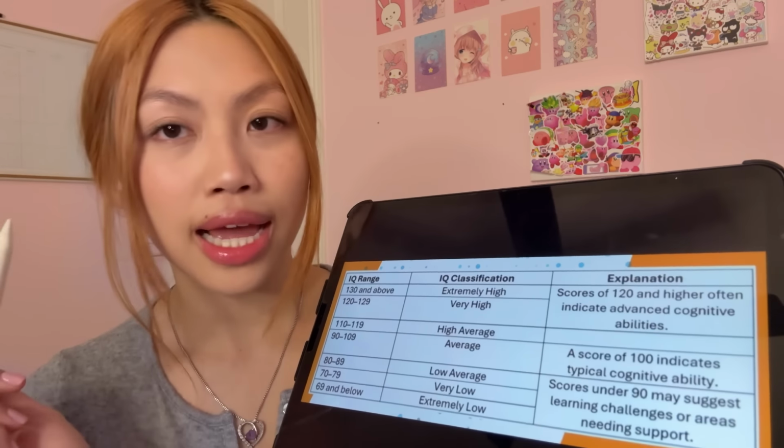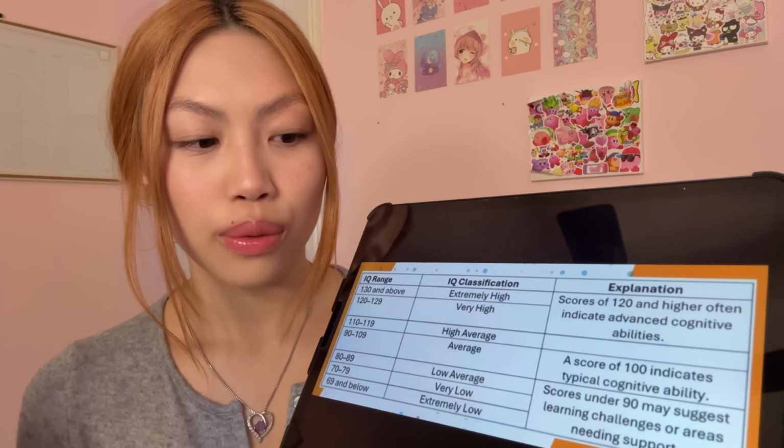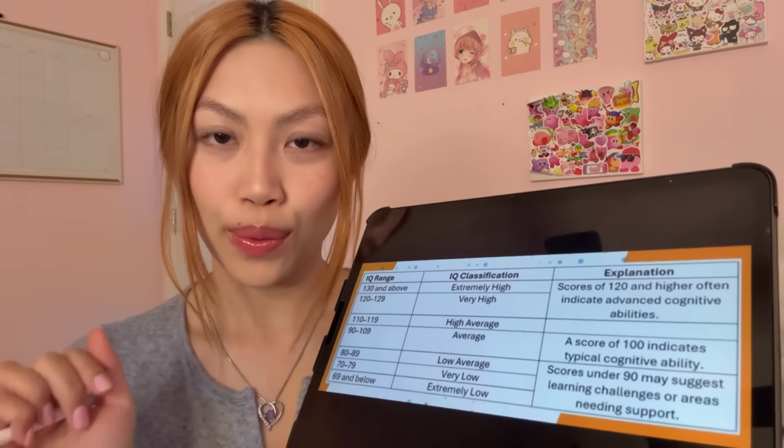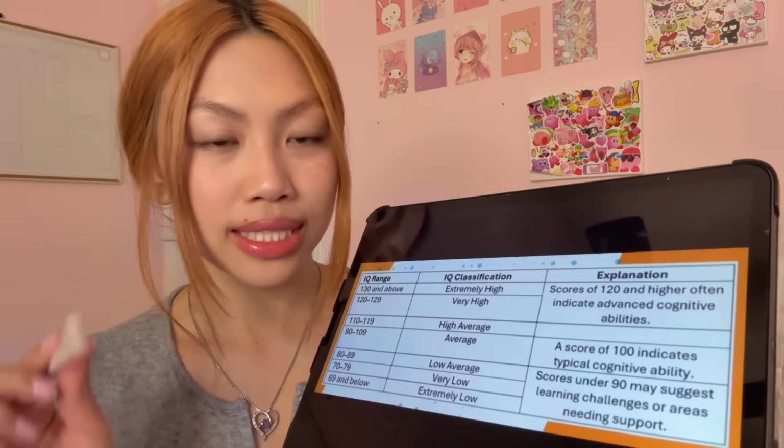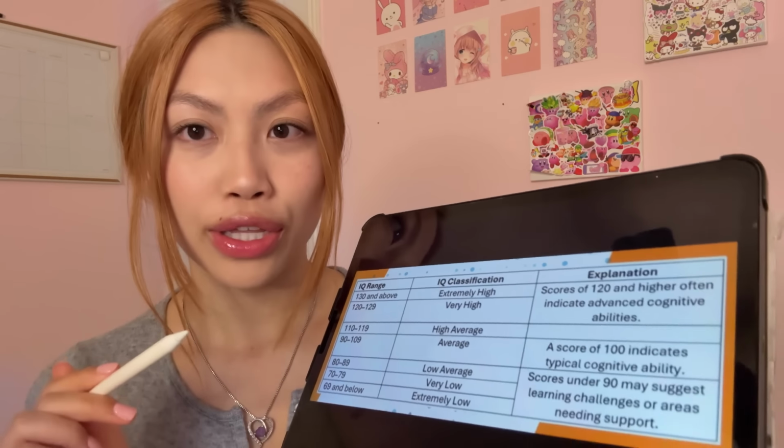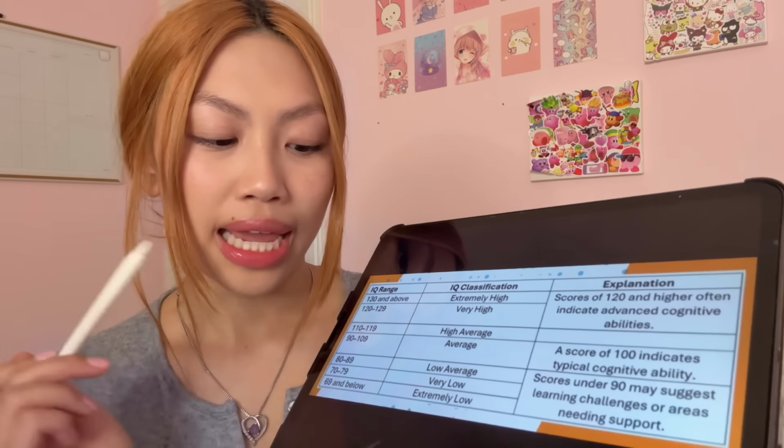There's 69 and below, which is extremely low, 70 to 79, which is very low, and then 80 to 89, which is low average. These three sections suggest that you would need some support and that you have a lot of challenges with your cognitive abilities.